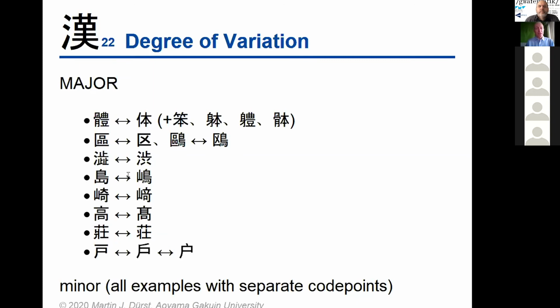For example, here the place of this mountain part is different. The structure is different. Here the components are different, and here the components are also different, and so on.